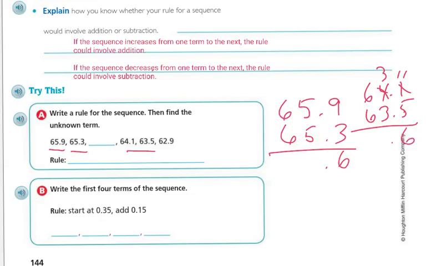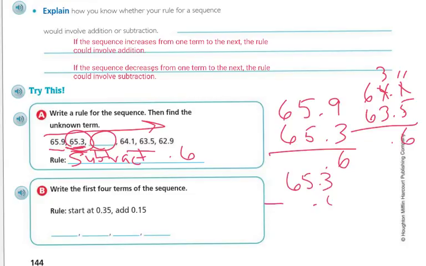So if the rule is, and it seems like it's decreasing, right, because the number's getting smaller, if the rule is subtract 0.6, then to find out the answer to this one, I need to take this number, 65.3, and subtract 0.6. I can't take 6 from 3, so this is going to become 13. This will be a 4. So this will be 64.7.